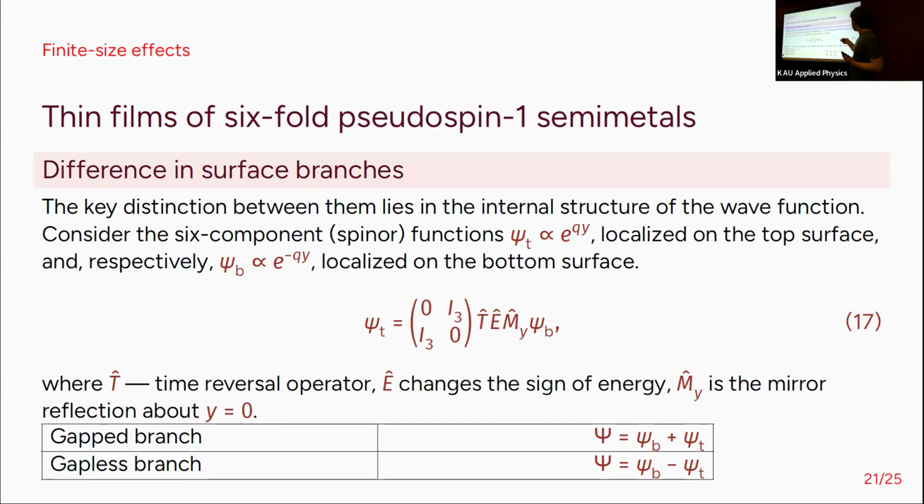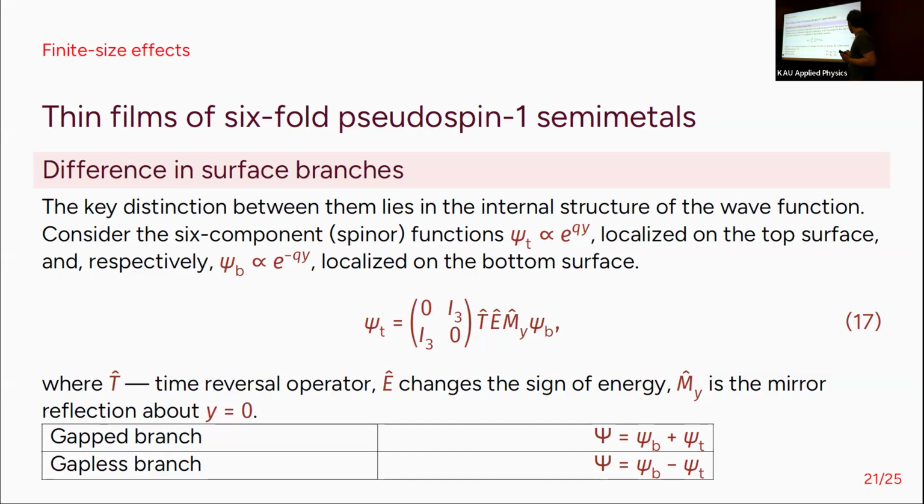So we can look at the internal structure of the wave function. We can define the part that is localized on the top and on the bottom surface. They relate via this equation, and so the gapped branch is the sum of top and bottom functions, and the gapless is their difference.